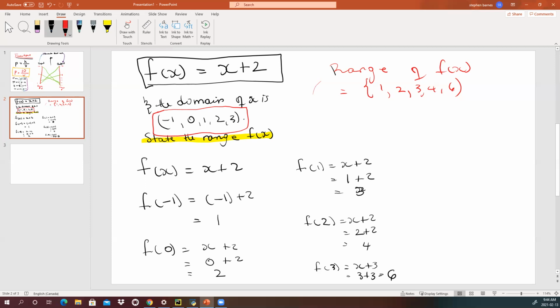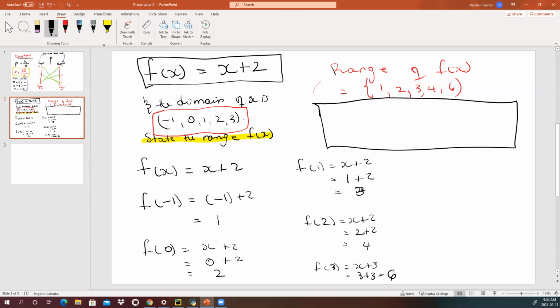All right. So we can also represent it in a table, where you have your x and your f of x. Your x values would be your input. In this case, it was -1, 0, 1, 2, and 3.